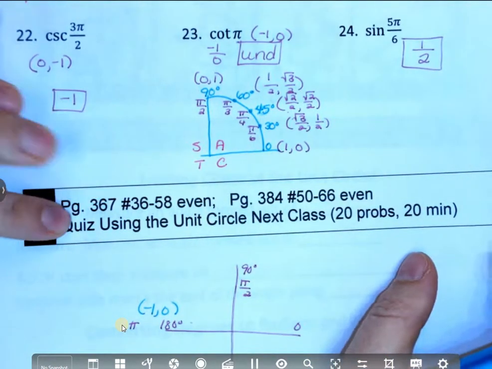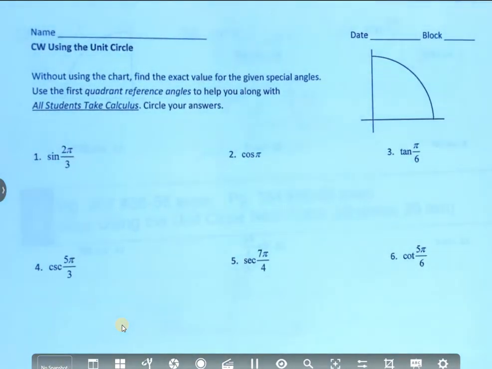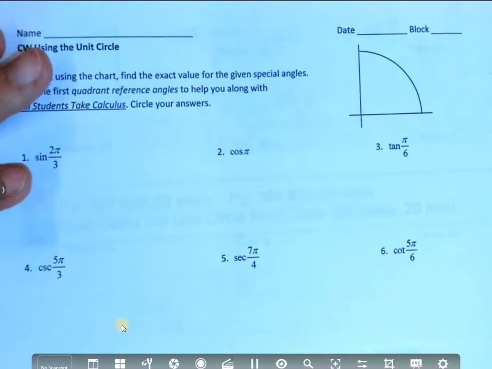Okay. So I've given you a little sheet of paper. And this guy here is extremely similar to what your quiz is going to look like. Your quiz will have 20 of these on them. But other than that, it's this. I know that you're not going to be able to finish this all because we only have 12 minutes left, and you have 14 problems.